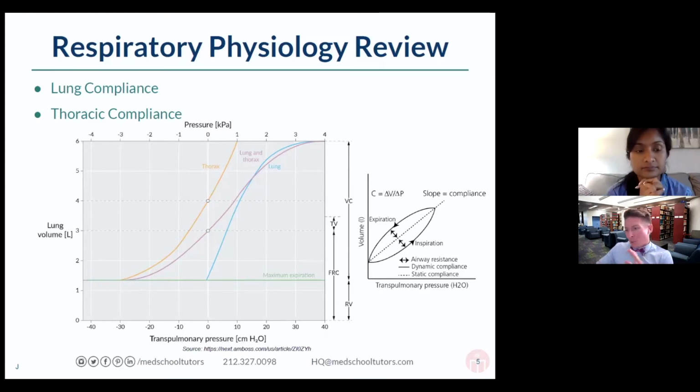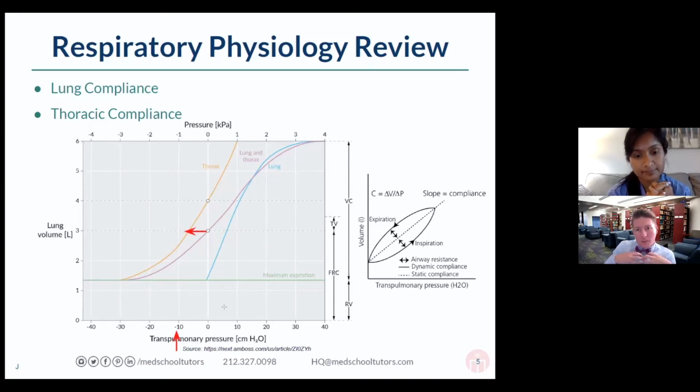So the point of this diagram, which those of you who have taken Step 1 probably have forgotten about by now, and those of you who are thinking about taking Step 1 probably don't like very much, is that our thorax and our lung want two different things. And what this graph is showing me is that the thorax wants to pull with negative pressure to open everything up.